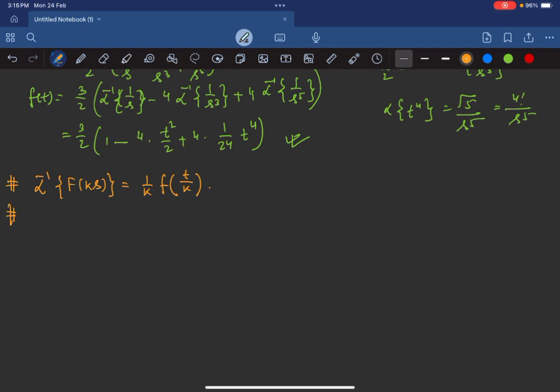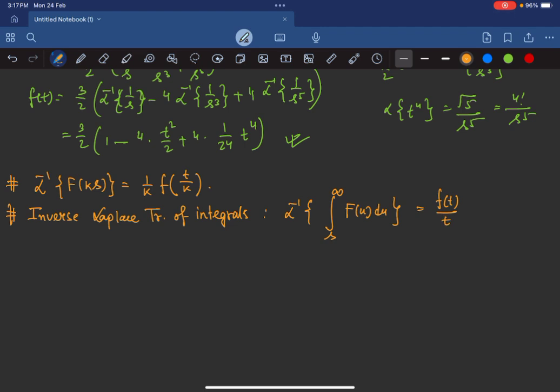See this important result, the inverse Laplace transform of integrals. So if you have the Laplace of the integral from s to infinity of F(u) du, that is given by f(t)/t. If an integral is given of this form, integral from s to infinity of F(u) du, that is given by f(t)/t.